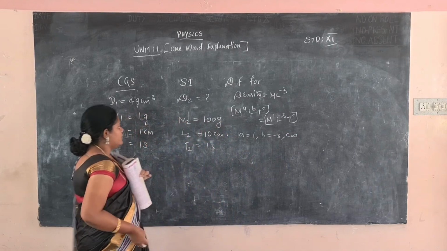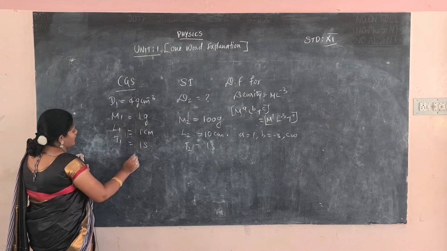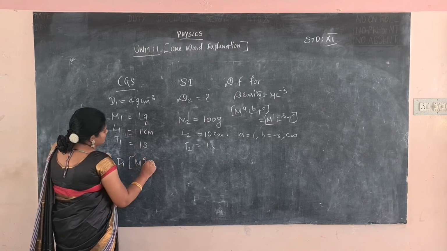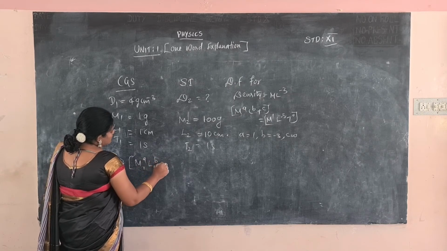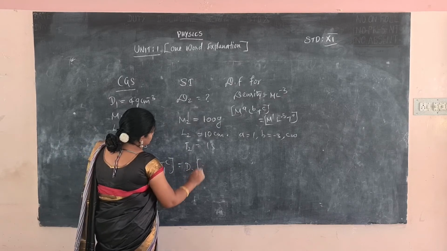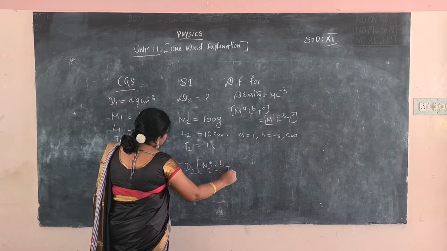So we substitute all the values. First D1 into M1 power a, L1 power b, T1 power c is equal to D2 into M2 power a, L2 power b, T2 power c. Okay?